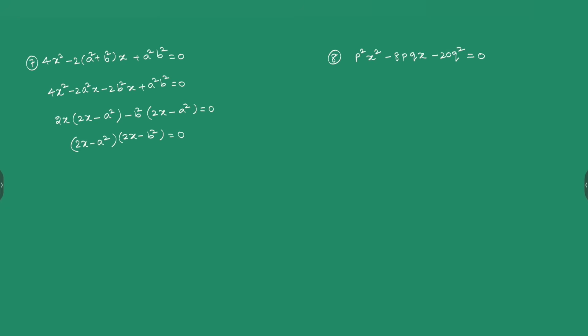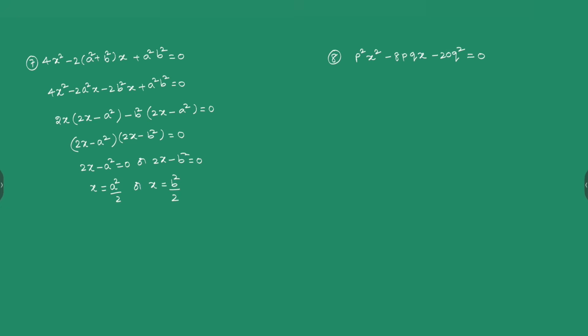So 2x minus a square is equal to 0, or 2x minus b square is equal to 0. So x is equal to a square by 2, or x is equal to b square by 2. These are the roots of the equation.